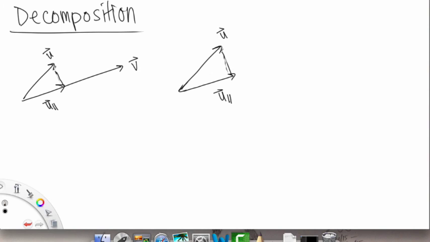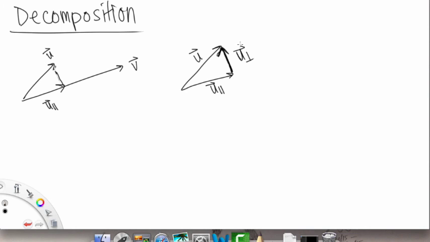Now what we're going to do is consider what this perpendicular thing is. I'm going to move the u so I can label it. There we go. So this is u, the vector. This is u parallel. And this part sticking up here, we're going to name this vector u perpendicular.